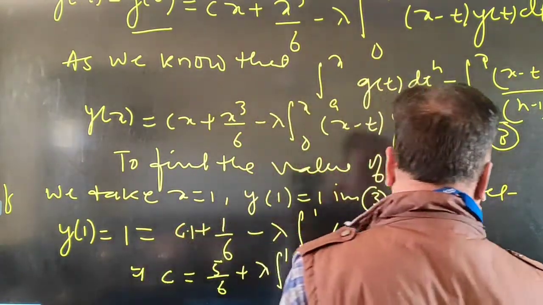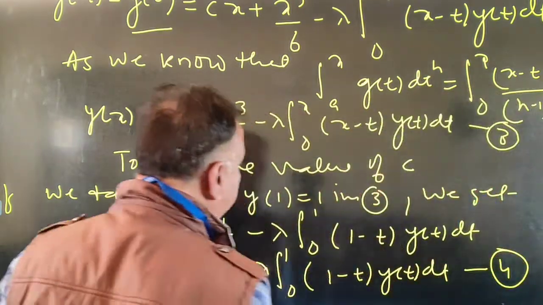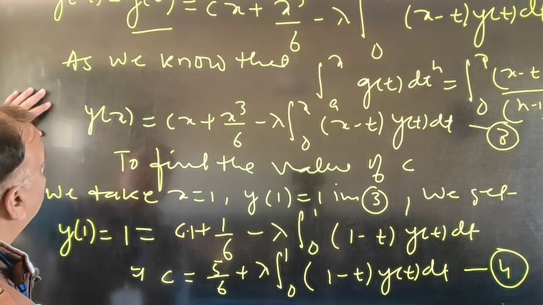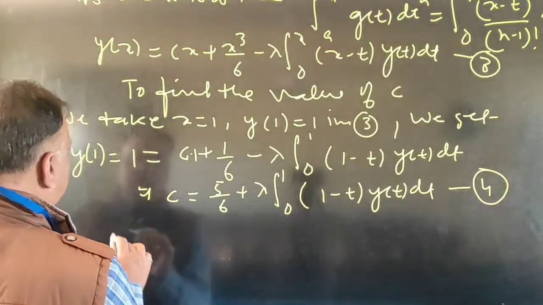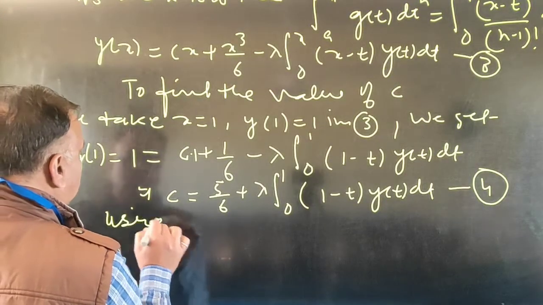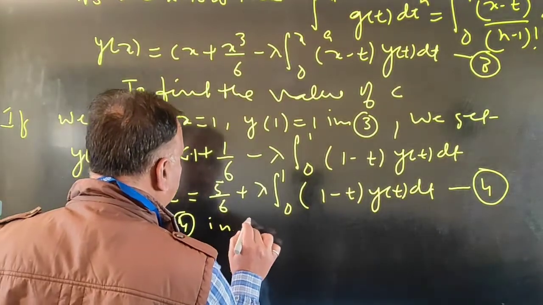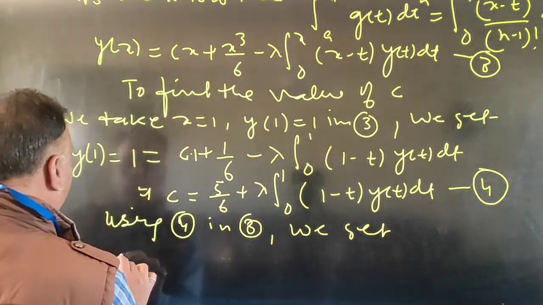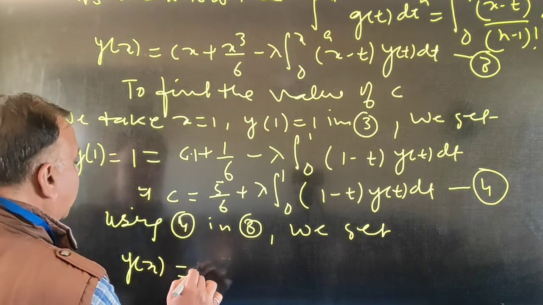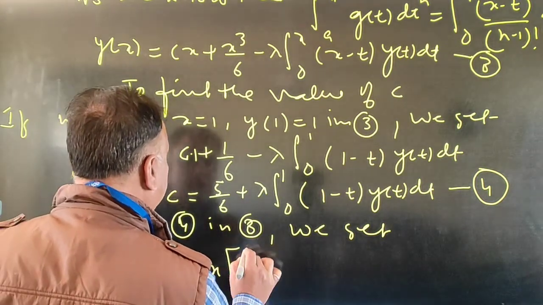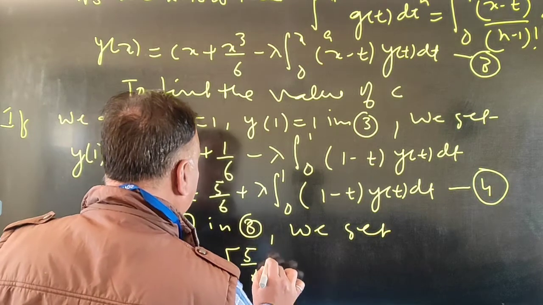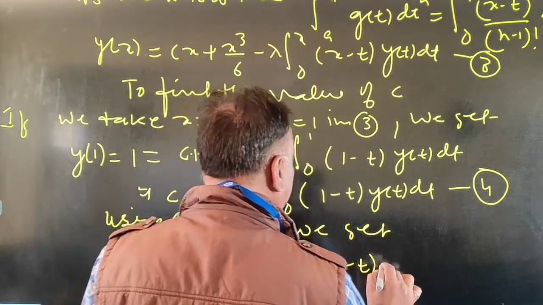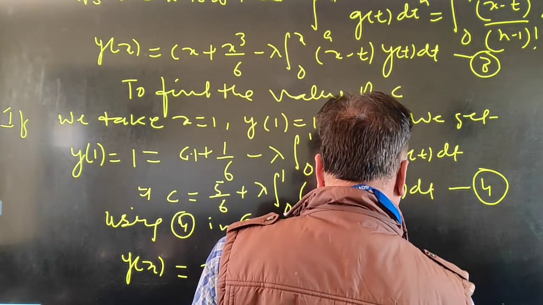This is number 4. So putting the value of c from equation 4 in 3, we get yx is equal to cx. So x into c, that is 5 by 6 plus lambda integral 0 to 1 minus t into yt dt.